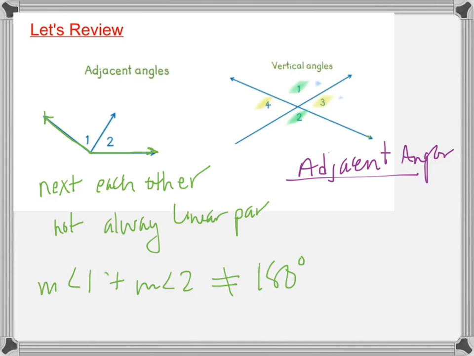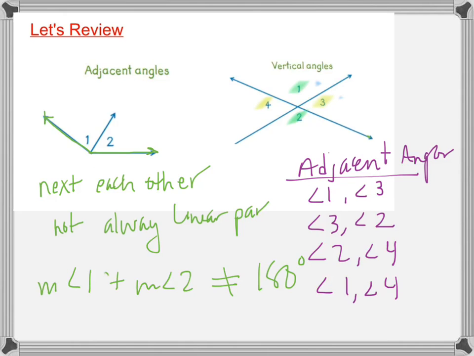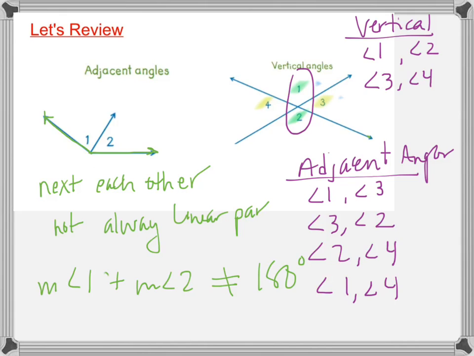They would be angle 1 and angle 3, angle 3 and angle 2, angle 2 and angle 4, and angle 1 and angle 4. The vertical angles, however, there's only two pairs of vertical angles. Angle 1 and angle 2 are a pair of vertical angles, and angle 3 and angle 4 are vertical angles. Vertical angles are opposite each other when two lines intersect. And those are the angles that we're going to be talking about today.